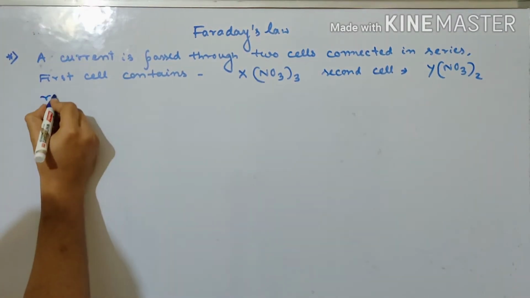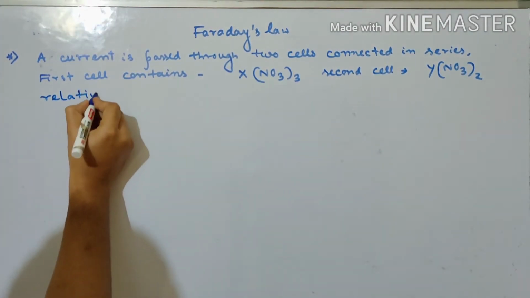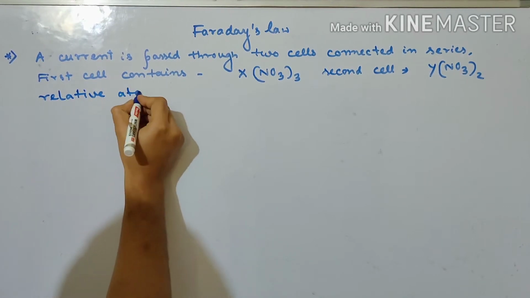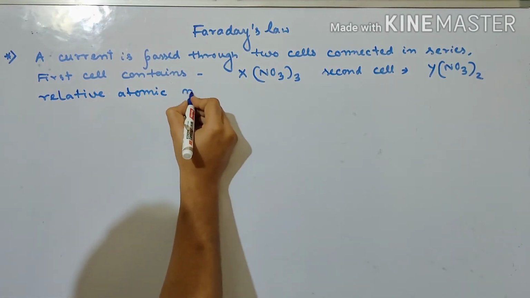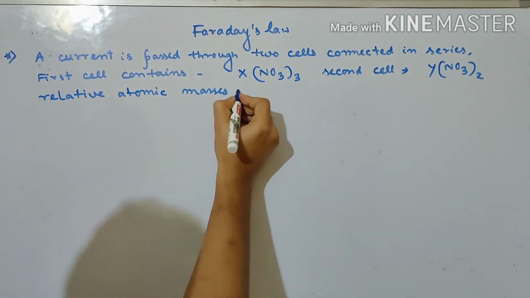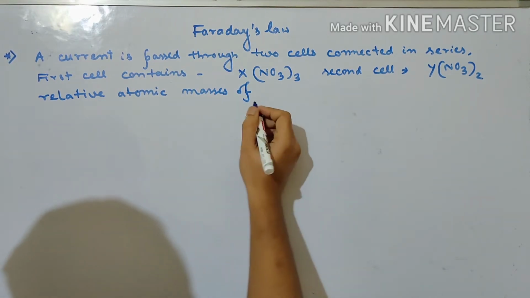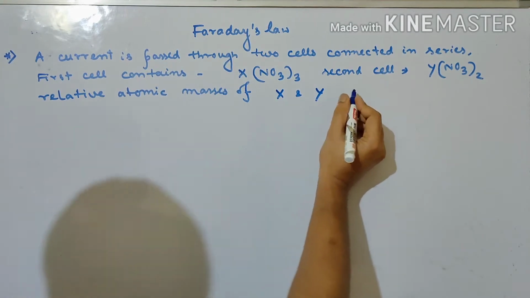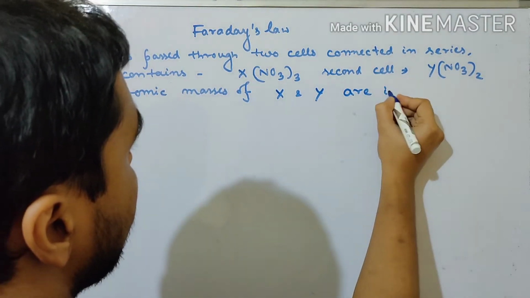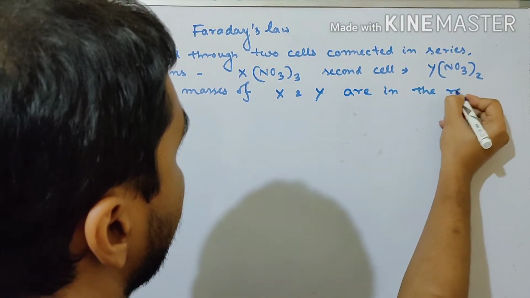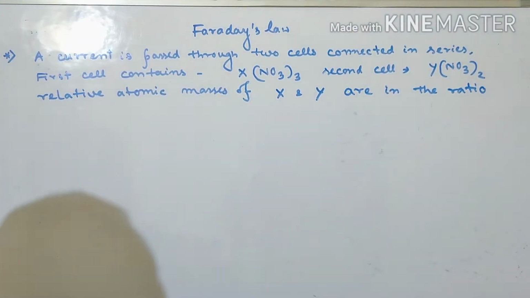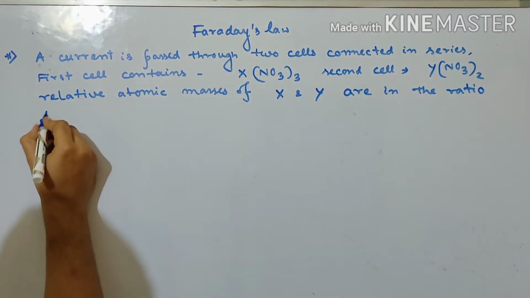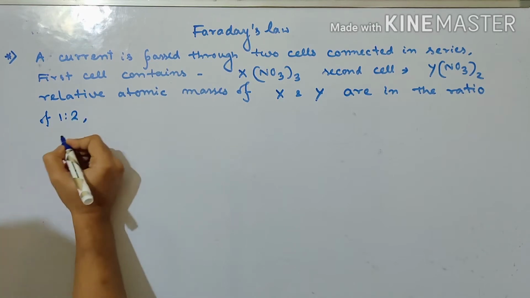Relative atomic masses of X and Y are in the ratio of 1:2.